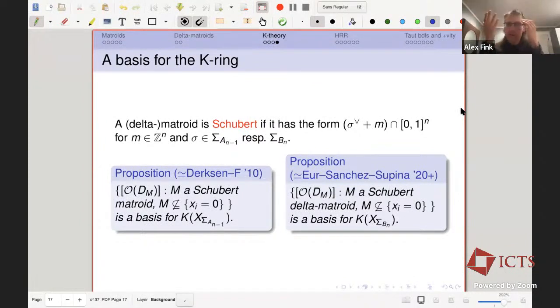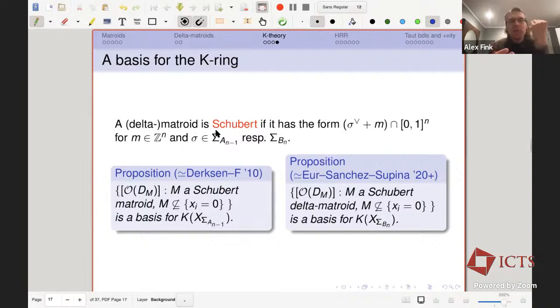I defined the K-ring as a polytope algebra generated by polytopes, but there are lots of relations between them, linear relations that come from subdivisions, like the one I showed you, and other relations that come from translation. So, given that presentation, a basis is not completely obvious, but you can give nice bases. You can choose a set of polytopes that give you a basis for these rings. So here's how that's done.